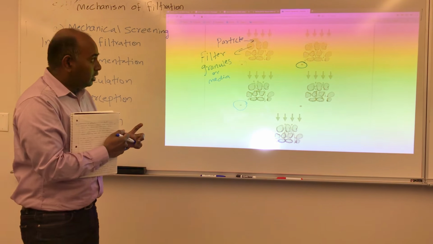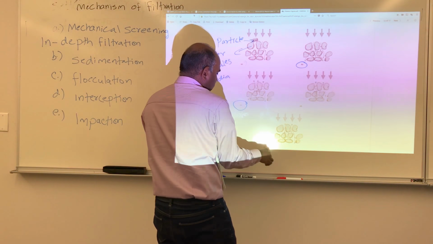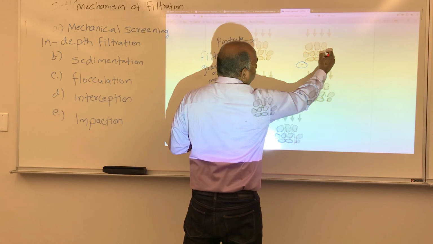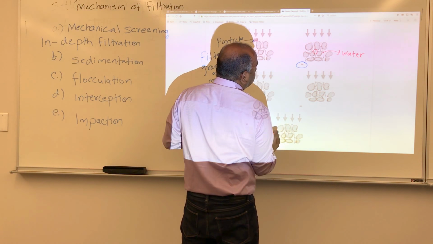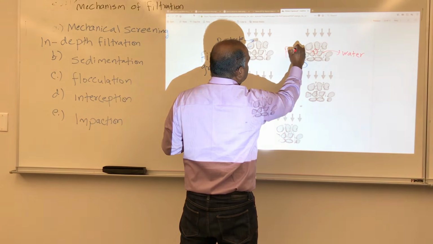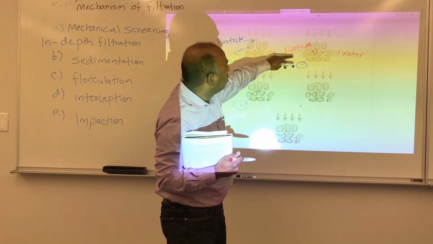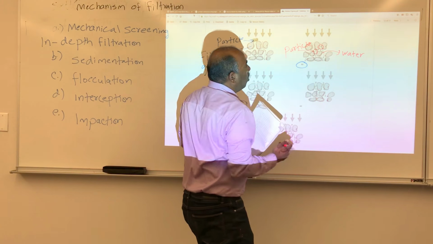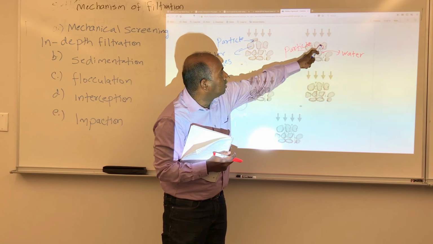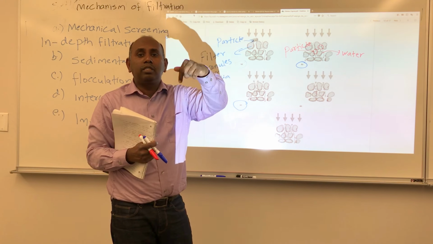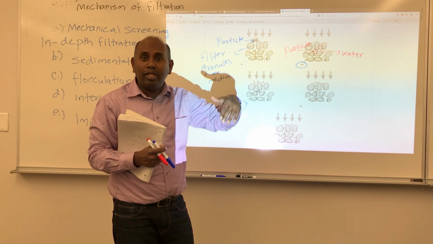So what happens in the case of B is, the particle is right here. This is the water flowing, and right here is the particle. Now, this particular particle is small enough compared to this one. The particles right here and here are small enough to pass through the pore spaces, but they are too big to flow all the way through the filter.